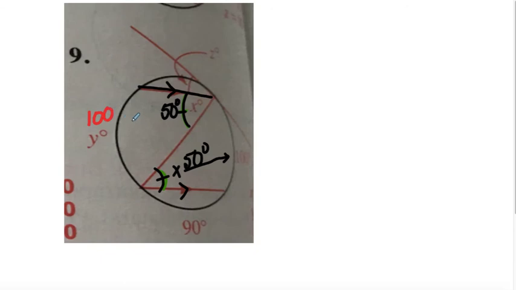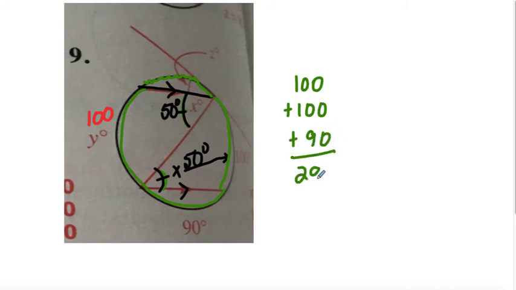All right, so we've got a little bit more work to do to find z. I see that this arc is 100, this arc is 90, and this arc is 100. And so the arc that I need is everything else in the circle. So I'm going to do 100 plus 100 plus 90, which gives me 290.